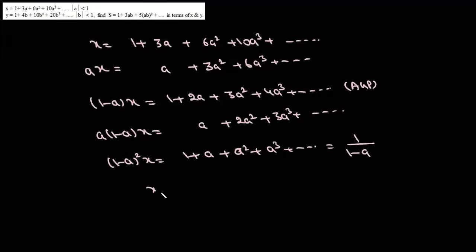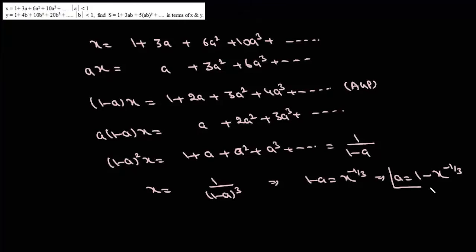So from here we can write x as 1 upon 1 minus a cube, and from here we can write 1 minus a is x to the power minus 1 by 3, or a is 1 minus x to the power minus 1 by 3, and that's our first result.